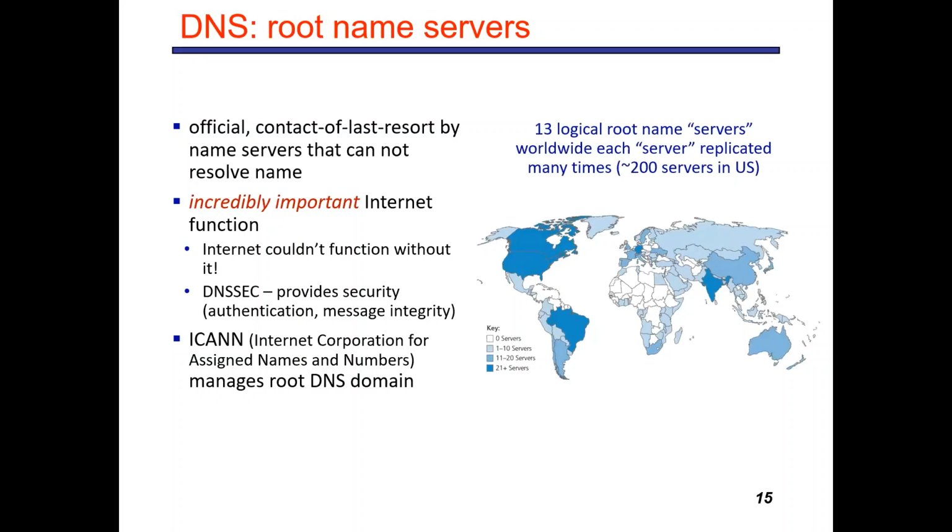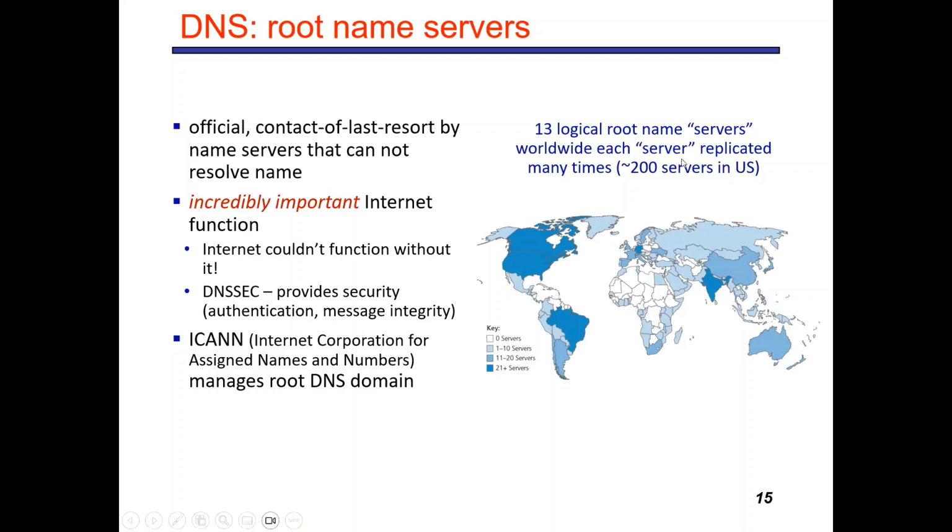So the official contact of last resort for name servers that cannot resolve a particular domain name is the root name server. There are 13 logical root name servers worldwide, and each of these servers is replicated many times.